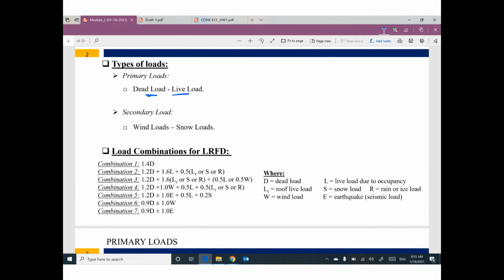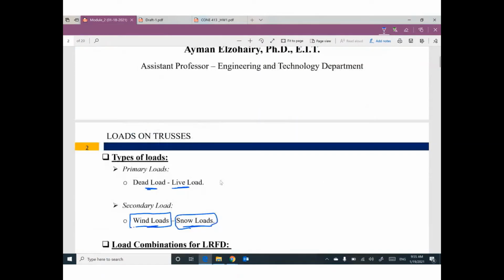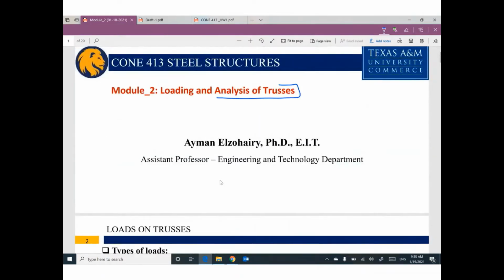And we have secondary loads, not always existing: wind load and snow load. Today I will cover dead load, how much, live load, how much, and I will go through the wind load. Next time I will cover snow load and how we can do truss analysis using RISA. Do you remember? RISA 2D.